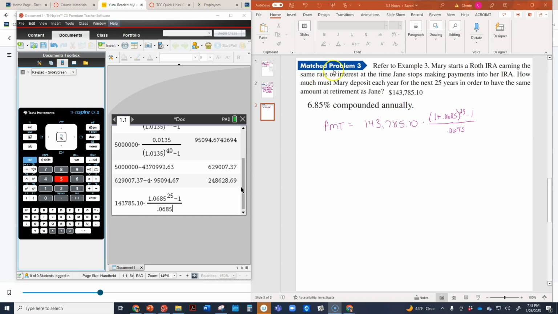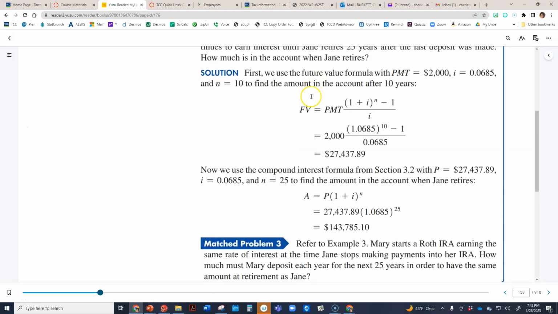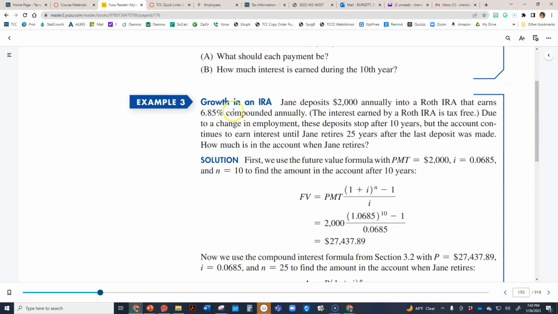Okay, so for example number 3, it asks us to refer to example number 3 that they worked in the book. So I went to their example number 3. They had a woman who was making some payments. This was her interest rate, 6.85. She was making those deposits for 10 years, and she was depositing $2,000.